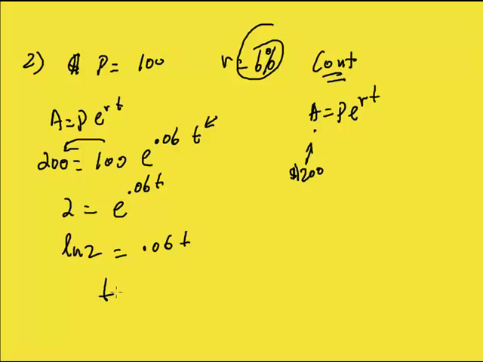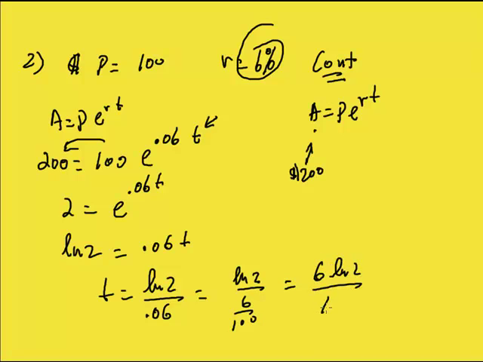So what's T? T is equal to ln of 2 over 0.06, or if you want to clean this up, ln of 2 over 6 over 100, which is the same thing as 100 times ln of 2 over 6, which you can reduce to 50 ln of 2 over 3.